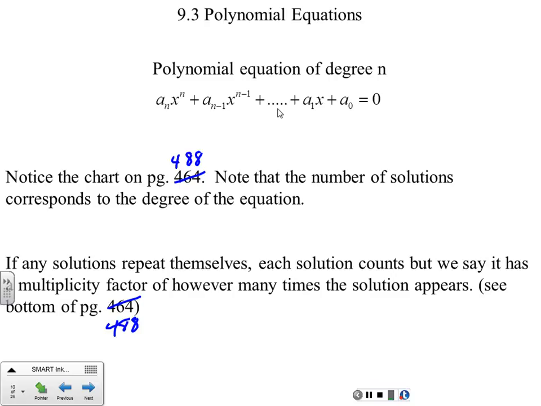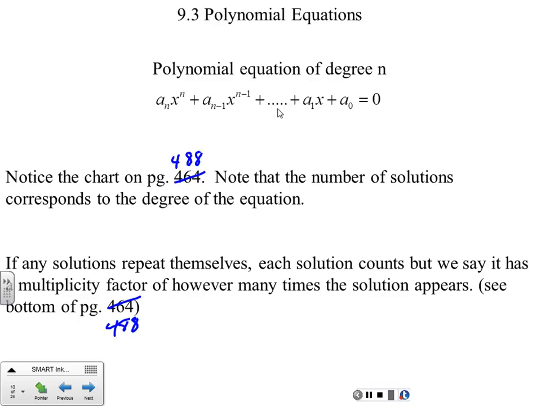If you have a linear equation, look at that green chart in the middle of page 488. If you have a first degree equation, you should expect one answer or one factor. Quadratic, you should expect 2. Third degree, you should expect 3. Fourth degree, and so on and so forth.